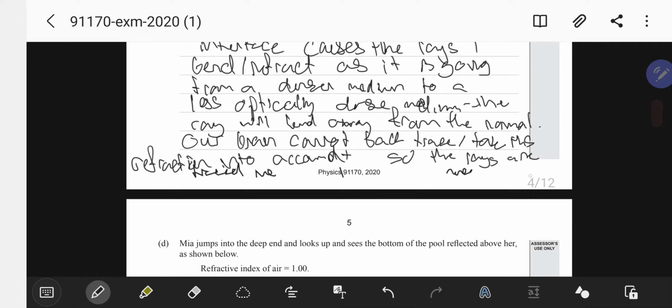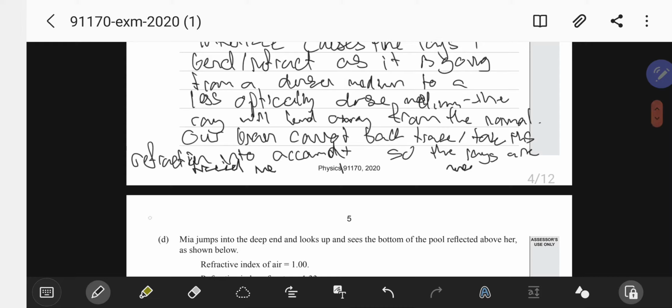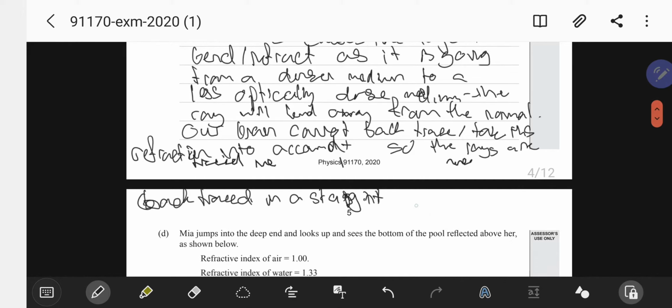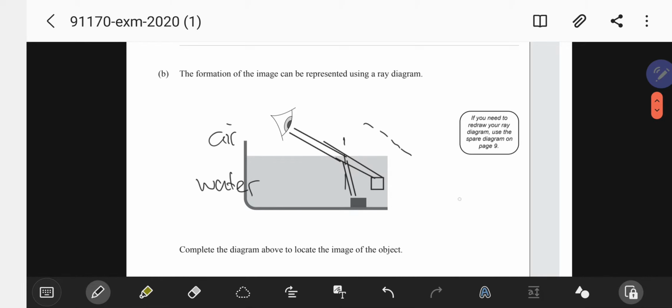So the rays are going to be backtraced in a straight path. Hence, the object appears closer.